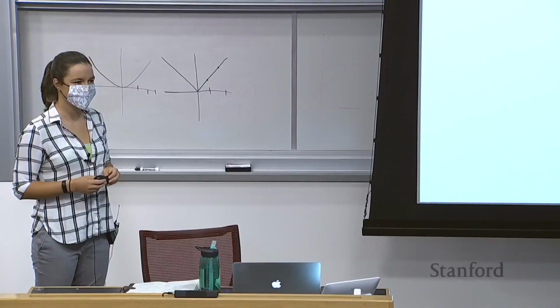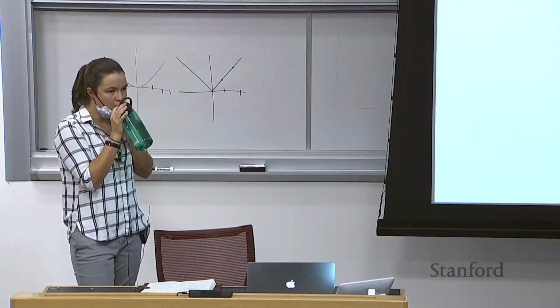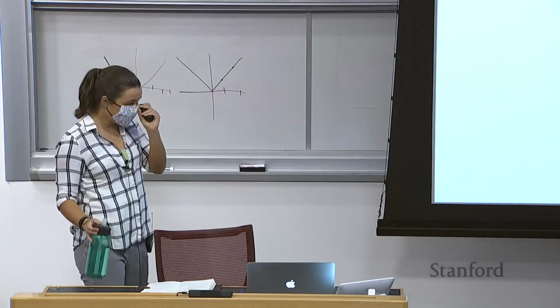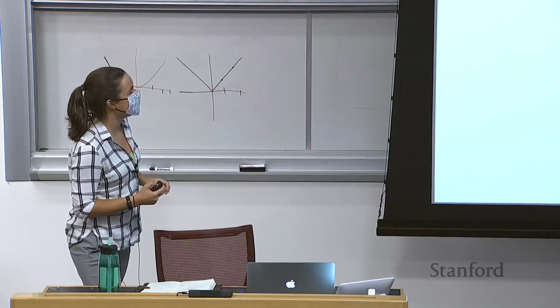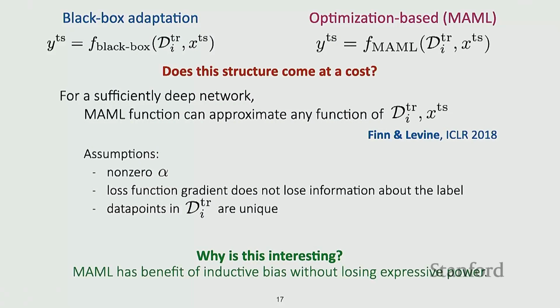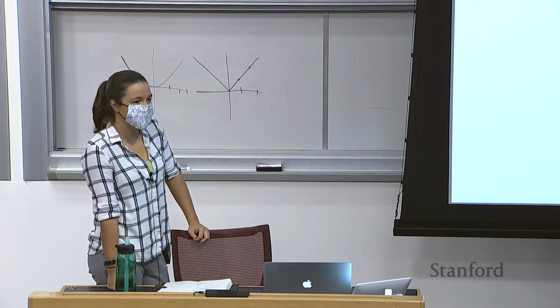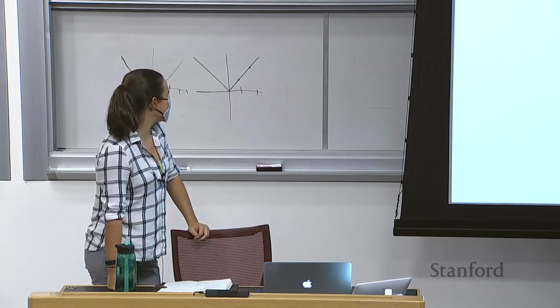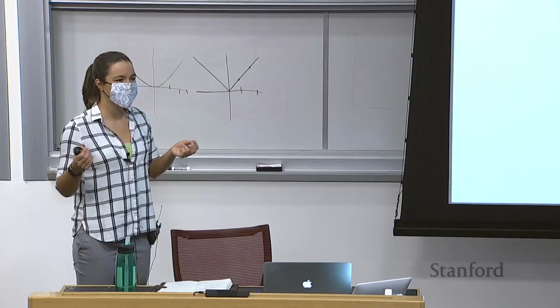Yeah? On the previous slide, you had the data points and the unique. Why is that? Yeah, so the question was, why do the data points need to be unique? Essentially the reason for this is that if you want to be able to represent any learning procedure with respect to different copies of a data point, it's generally difficult to tell from the gradient how many copies of a data point you have.